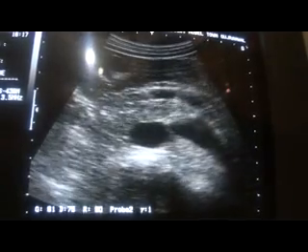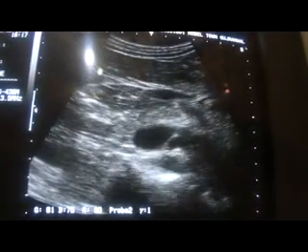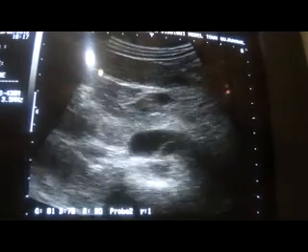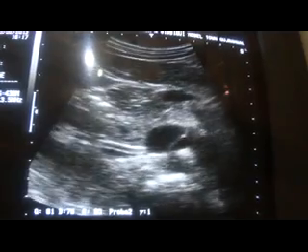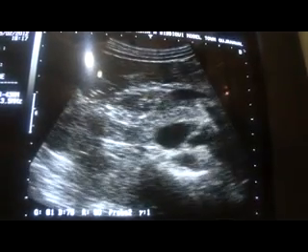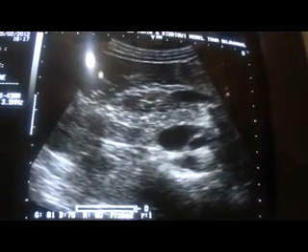Because there is so much pressure of the mass, and the mass is so huge that it obscures your view, especially in case of retroperitoneal organs.